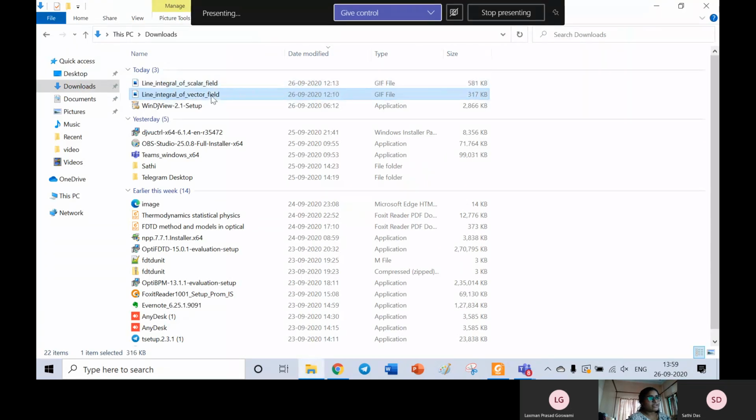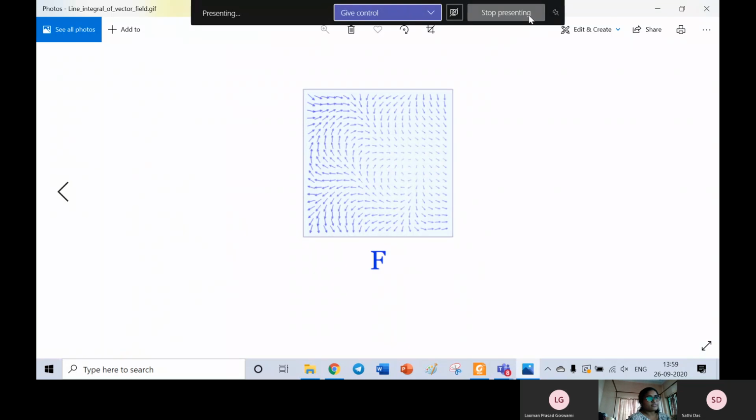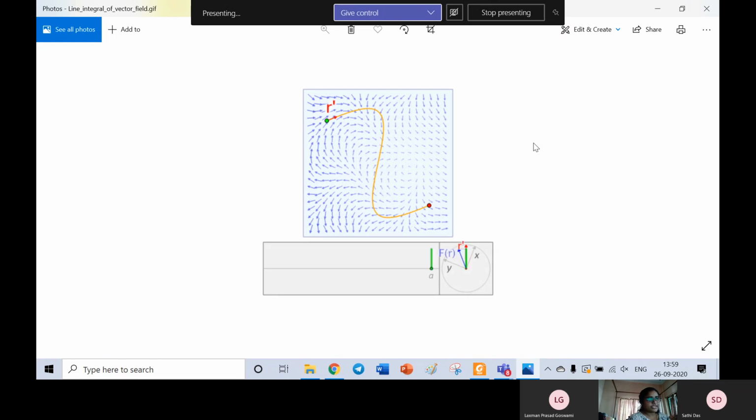And now I am showing you the line integral of a vector field. Look here at how the line integral of a vector field can actually be visually represented. This is the line integral of a vector field.